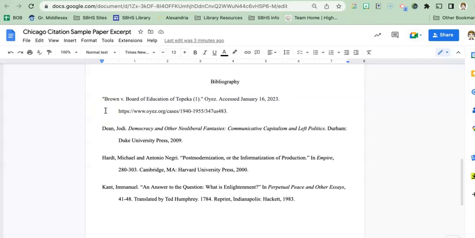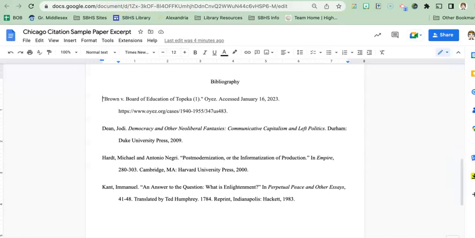You mostly cite books and journal articles, not necessarily a website. But because we're still in high school and because we are trying to sample the Chicago style, we're not going to live or die by it, I would say it's good practice to put in your website in your bibliography. Helps your reader to know more about the sources you're crediting, so I think it's fine to include it here.